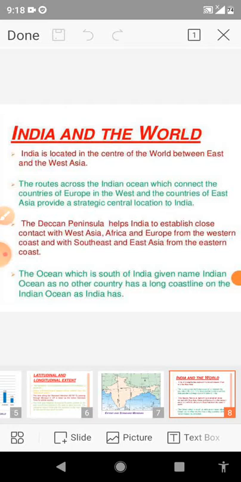The Deccan Peninsula helps India to establish close contact with West Asia, Africa and Europe from the western coast, and Southeast and East Asia from the eastern coast. The ocean south of India is given the name Indian Ocean, as no other country has as long a coastline on the Indian Ocean as our country has.